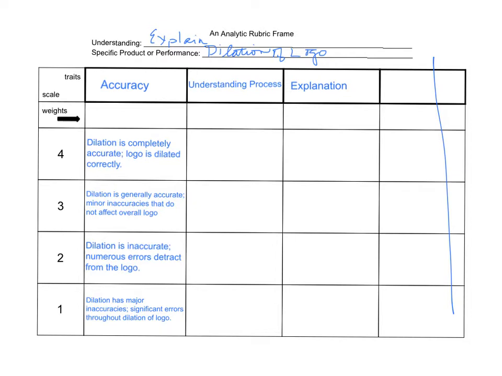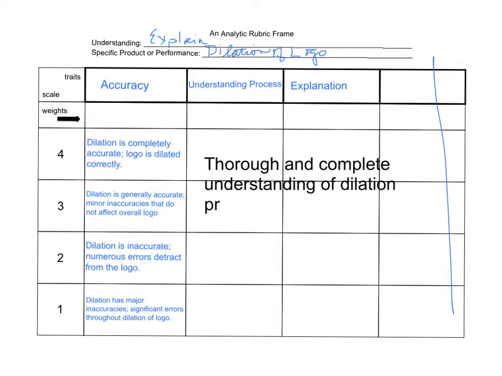So when I'm thinking about a process, I really think about, I guess, their degree of understanding is where I'm going to start here. And then maybe something I end up not being comfortable with, but for now I'll try it and see how it works. So let's see. My degrees of understanding starts with thorough and complete. So I'm going to use both of them actually. Thorough and complete understanding of the dilation process.